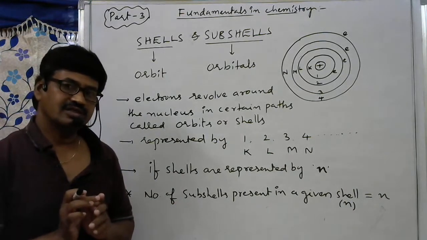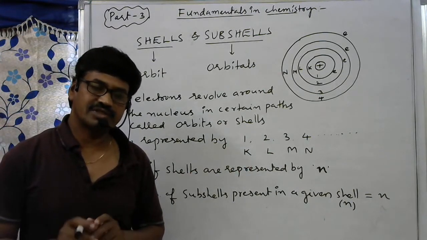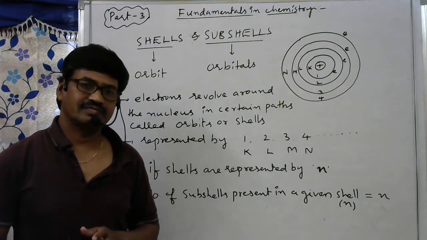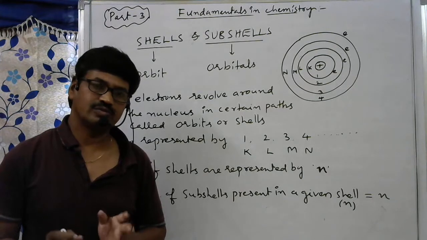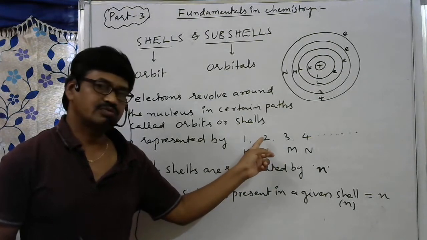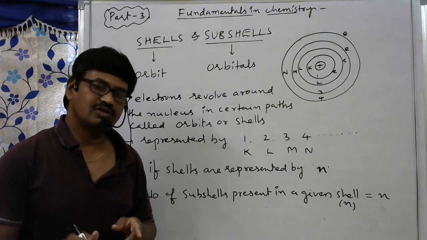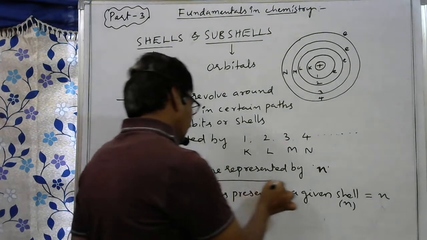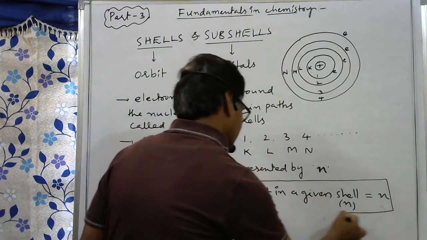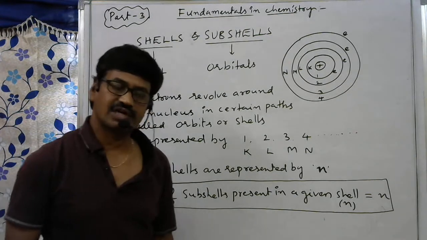That is the meaning. In the first shell, how many subshells are present? One only. In the second shell? Two, because the n value is 2. With n value 3, 3 subshells. With n value 4, 4 subshells. This is the formula: the number of subshells present in a given shell equals its n value.